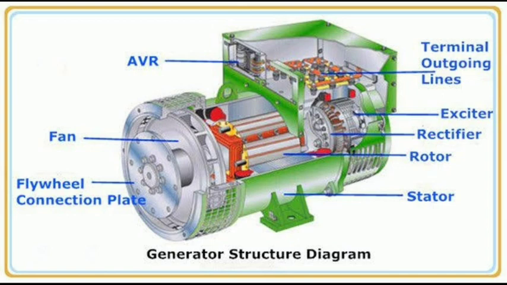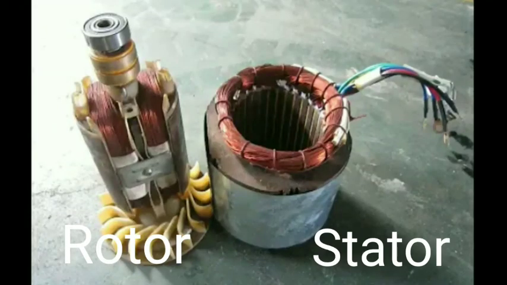Slip rings and carbon brushes are used only in the excitation system. This is the rotor and stator of the AC generator. The rotor is used as the field winding, and the voltage is developed in the stator.